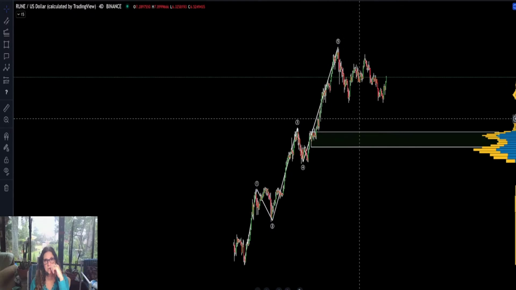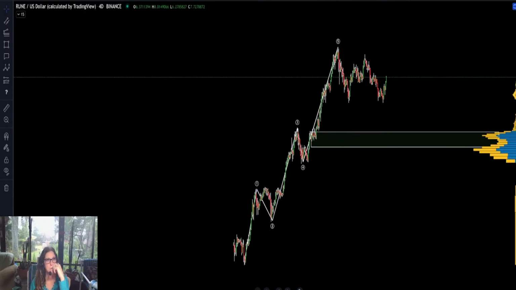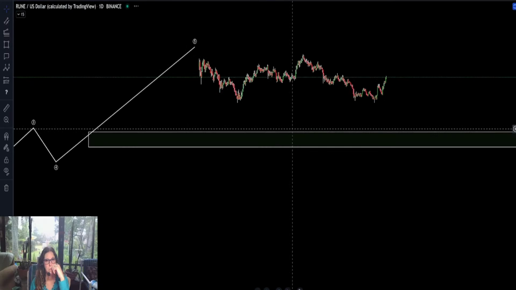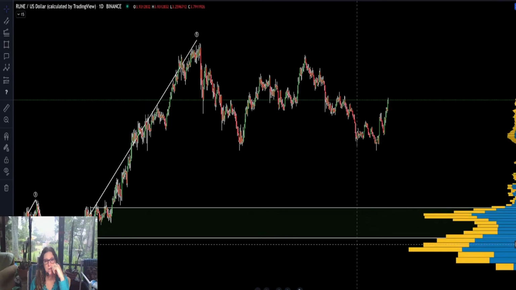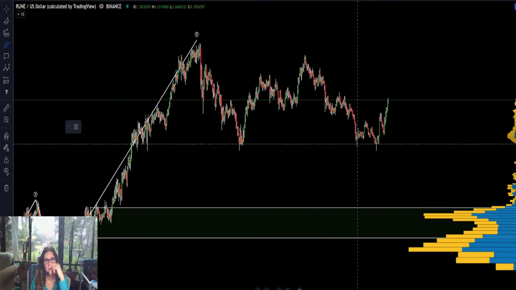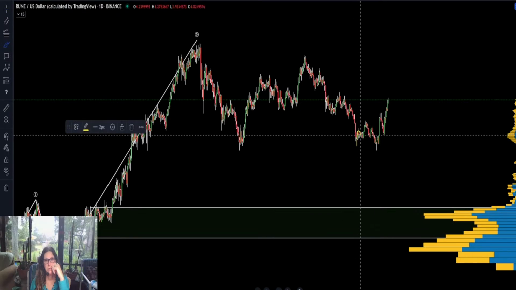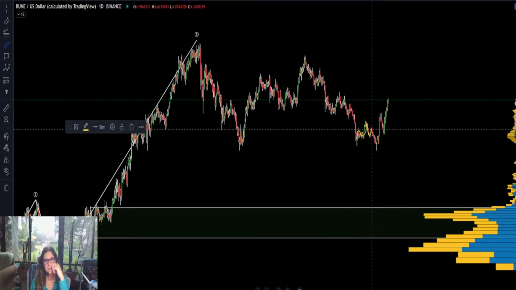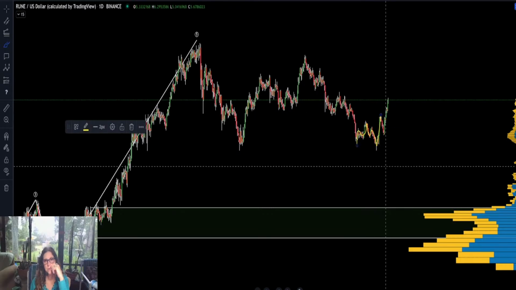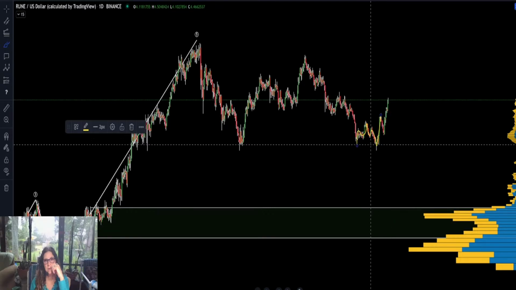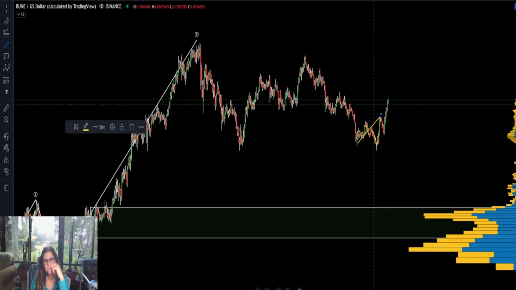Let's take a look at this right here. Okay, see this right here? How this is clearly 3, 3, 5. So this leg right here is connecting it now like this. 3.